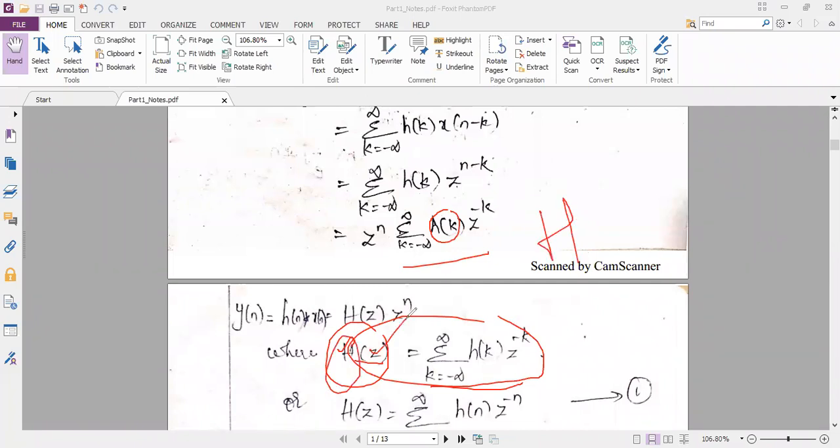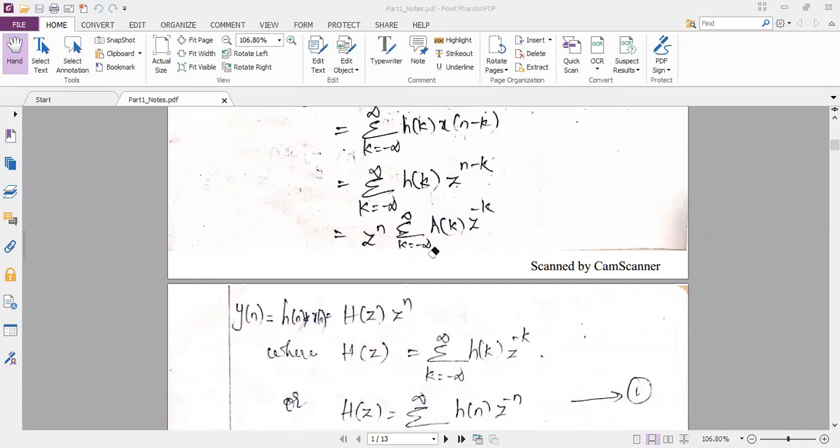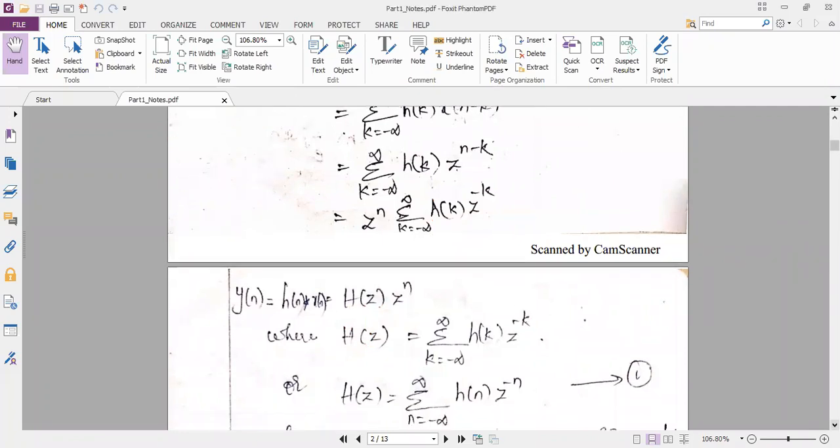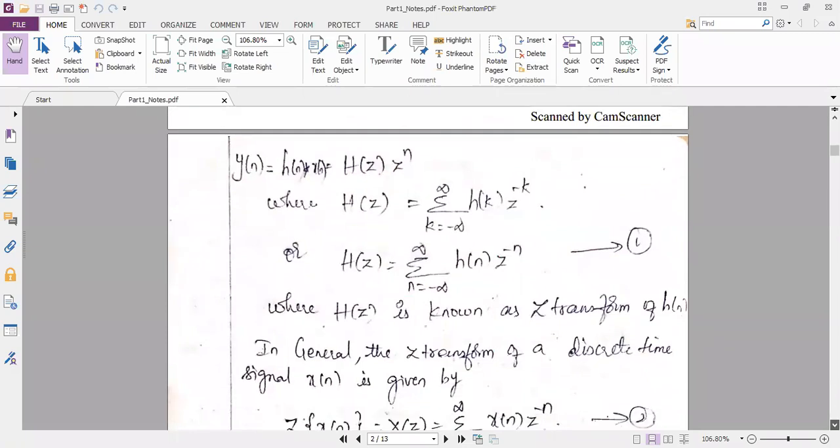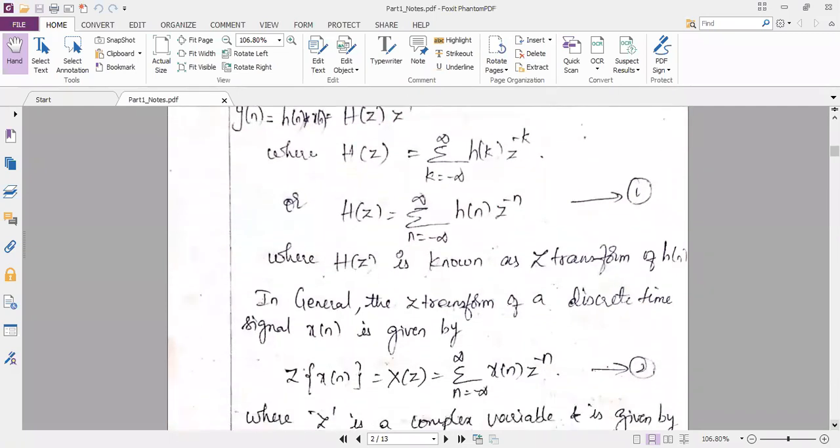This is a transformed version, which is equal to summation of h of k z power minus k. I think you people have studied the transform in mathematics. Have you studied or? Yes, ma'am. Okay, so all these formulas you are already aware of, right?